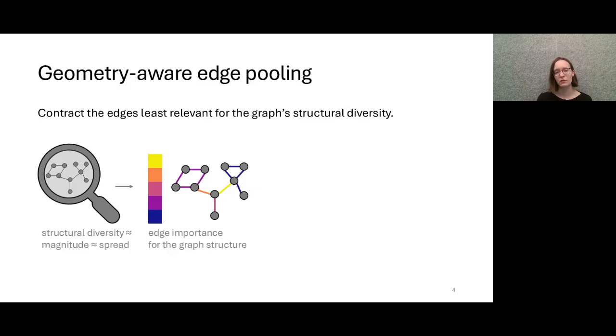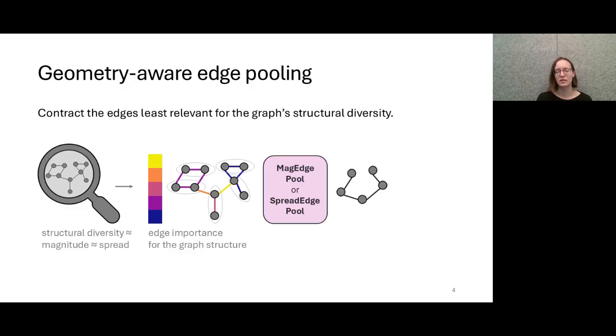So basically, this idea of structure diversity lets us compute how structurally relevant or redundant the edges in a graph are. And for edge contraction pooling, we then decide to contract the edges that are least important for the graph's overall structure first. So by doing this, in the end, we get a coarsened graph that preserves the graph's overall geometry, but has collapsed any redundant structures in the original graph.